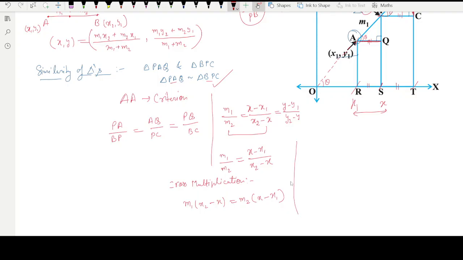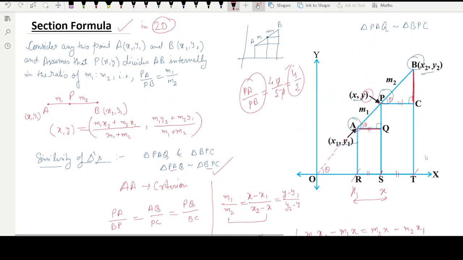Now m1 x2 minus m1 x is equal to m2 x minus m2 x1.